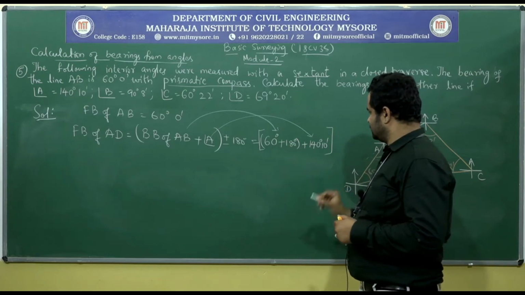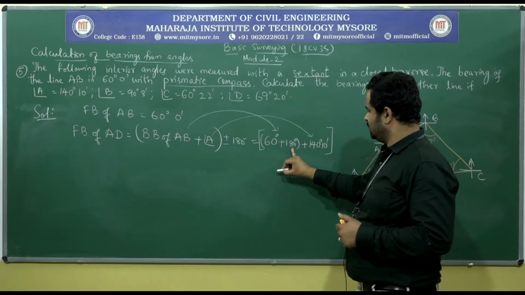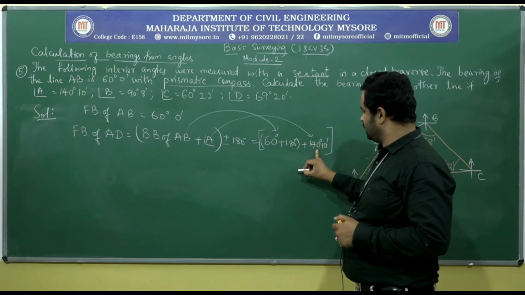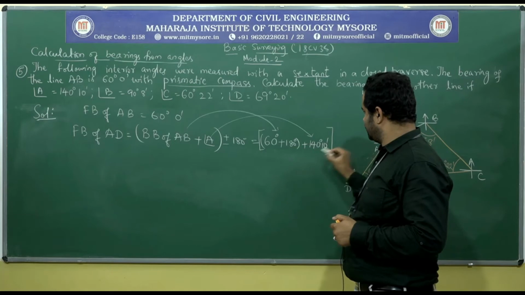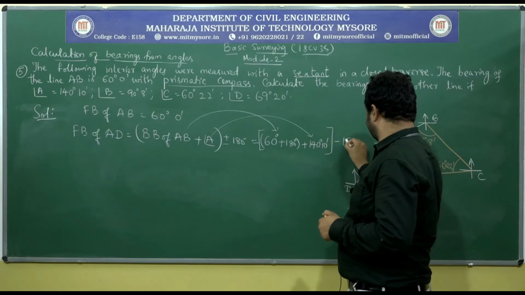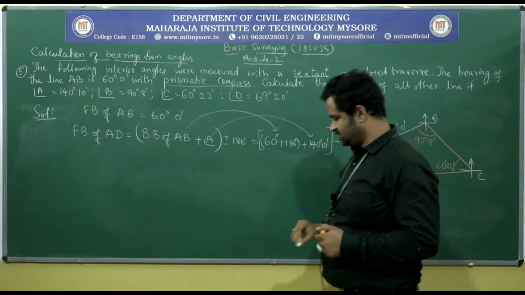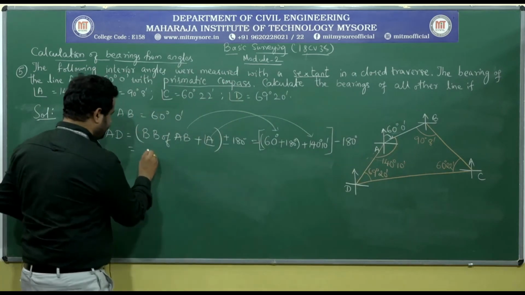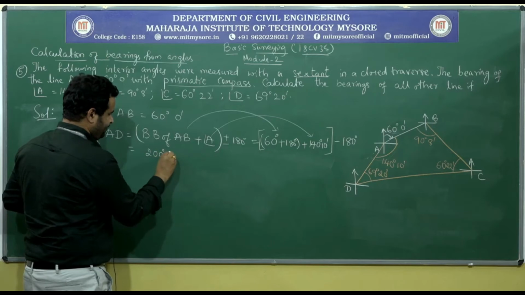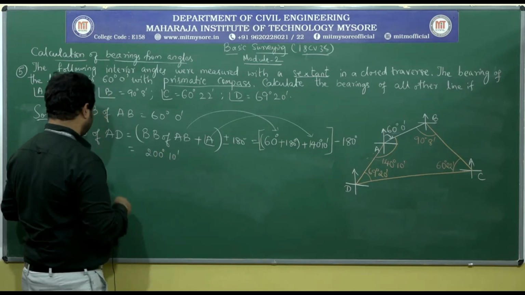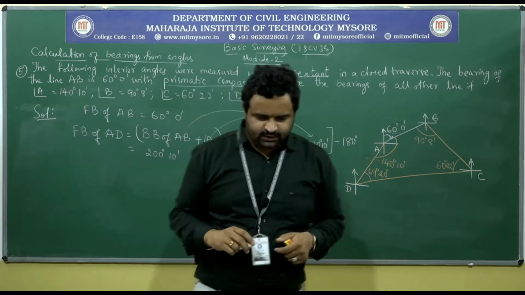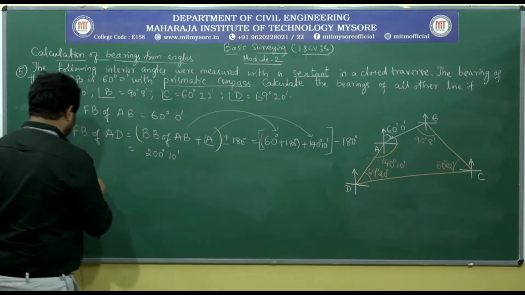So if you add all these, 60 plus 180 gives 240, plus 140 gives around 380, minus 180, that is equal to 200 degrees 10 minutes. Fore bearing of the line AD is nothing but 200 degrees 10 minutes. Now I'll calculate its back bearing.